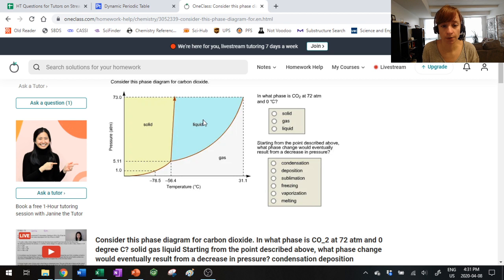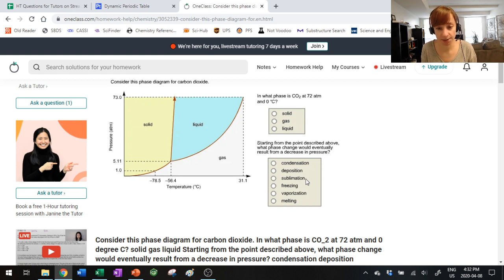So the phase change described here would be condensation. Oh, sorry, vaporization. I'm so sorry. Vaporization is from liquid to a gas. Condensation is from a gas to a liquid. Deposition is not a phase change. That's just thrown in there to mess you up.